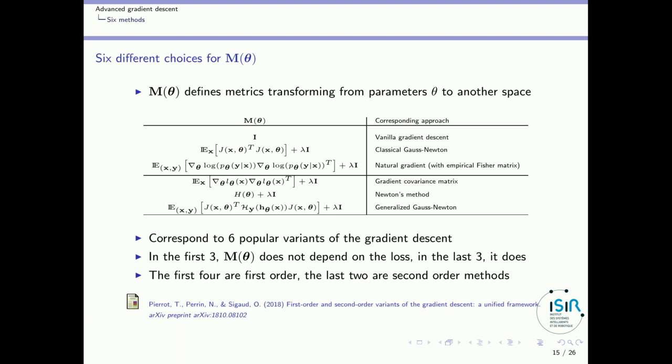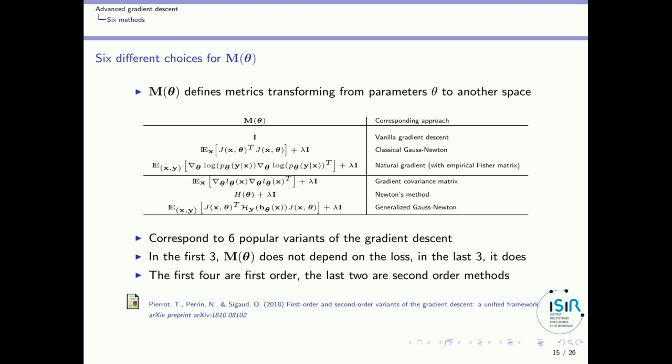For this one, I get the natural gradient with an empirical Fisher matrix. For this one, I take the gradient covariance matrix. For that, that's the Hessian, I get Newton's method. And for that more complicated one, I get the generalized Gauss-Newton method. So those 6 forms for M of theta correspond to 6 popular variants of gradient descent.